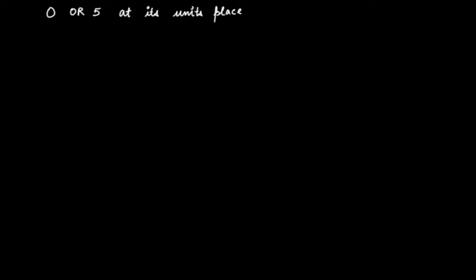Suppose you have numbers like 557, and then you have 55, you have 50, you have 6,080, you have 60,000 and 805, you have 305.